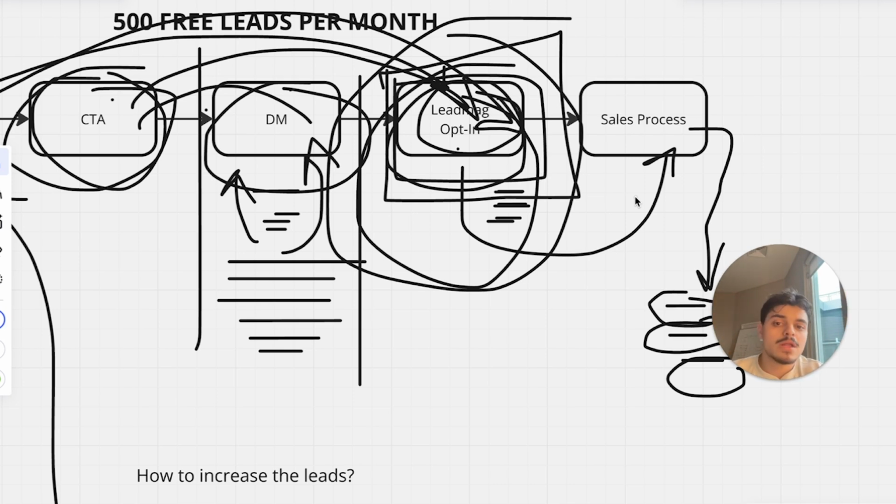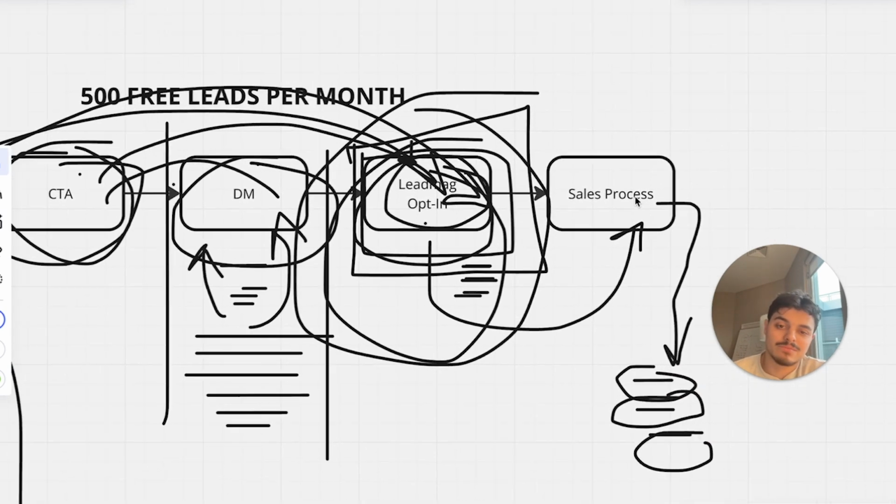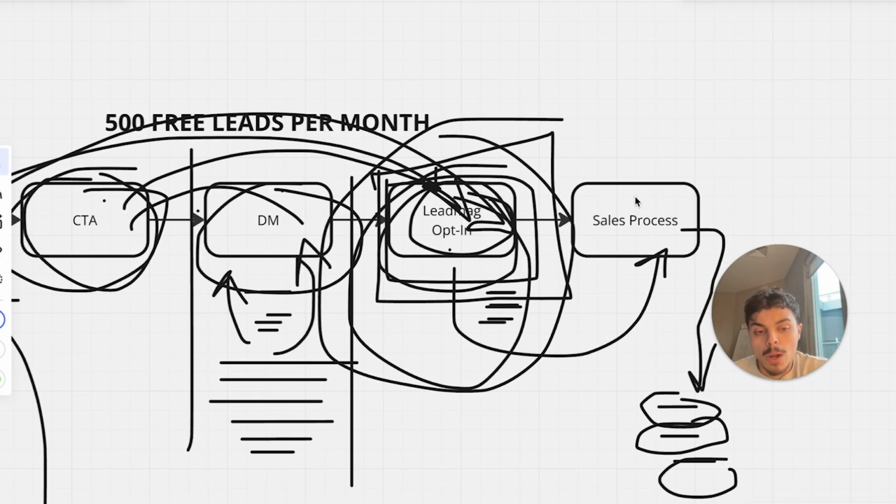You can make them a good offer, but then if they opt in and it's bad, if it's not helpful, they're going to say, well, this wasn't really helpful, I didn't really like this, and they might even unfollow you because they're like, this actually wasn't valuable. I feel like I'm being pitched some kind of trash, and I don't want it. So make sure that thing is pristine, make sure it's proper, make sure it's perfect.